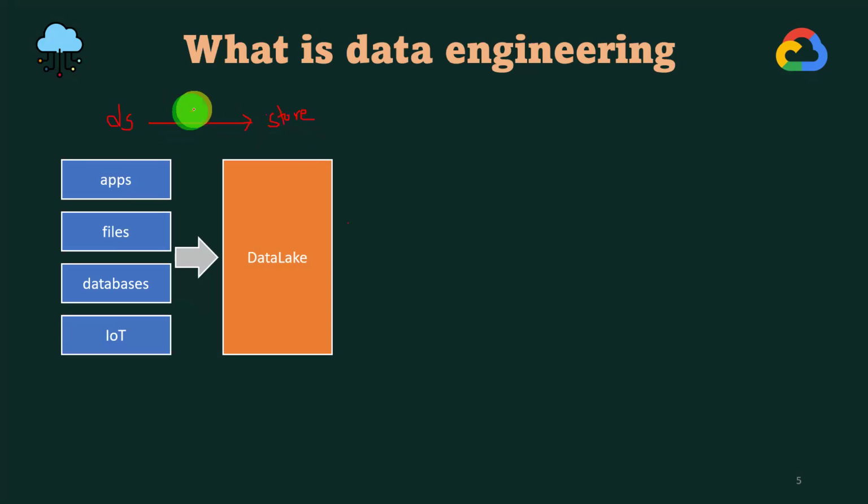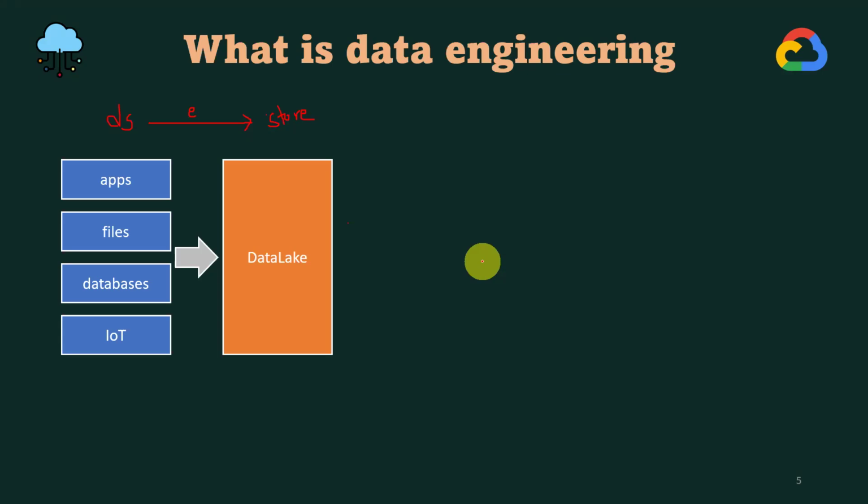You extract the data from these multiple data sources and store it in a storage system called a data lake. A data lake is a raw repository, a scalable system where you can store any amount of data in raw format itself, right?